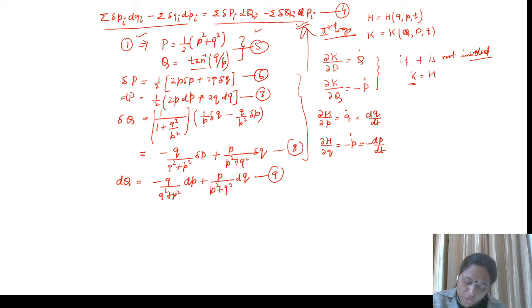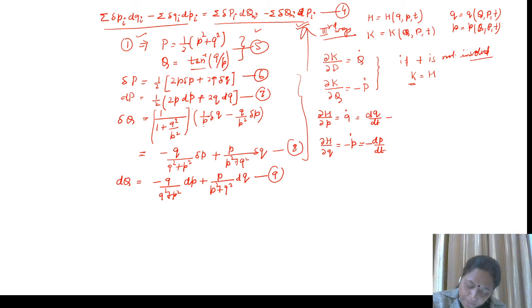And I know that there exist relations for q as a function of capital Q, P and time, and small p as a function of capital Q, P and time, and vice versa.